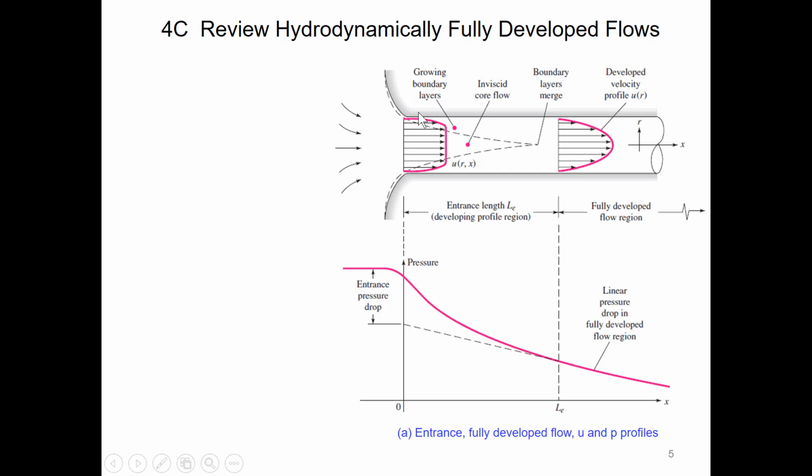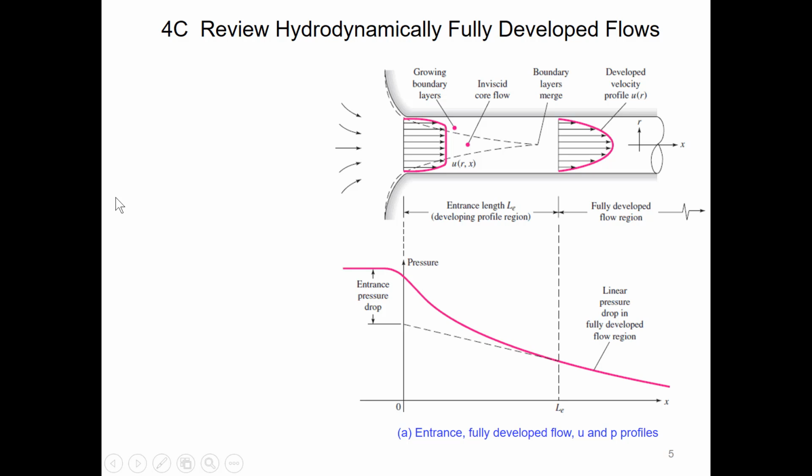As you have seen, when the flow enters a pipe or channel, there are two flow regions in terms of entrance region and fully developed region. The flow pressure is changing over the flow direction, and the pressure drop is linear in the fully developed region.